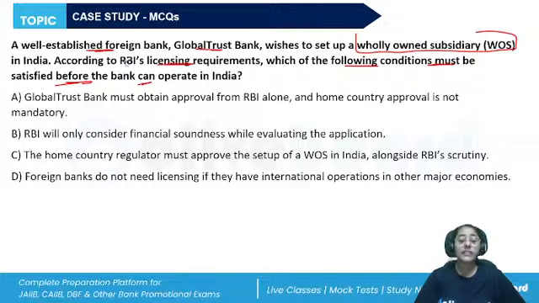RBI will only consider the financial soundness while evaluating the application. The home country regulator must approve the setup of the wholly owned subsidiary alongside RBI scrutiny. The foreign banks do not need licensing if they have international operations in other major economies. So, this is the licensing requirement.